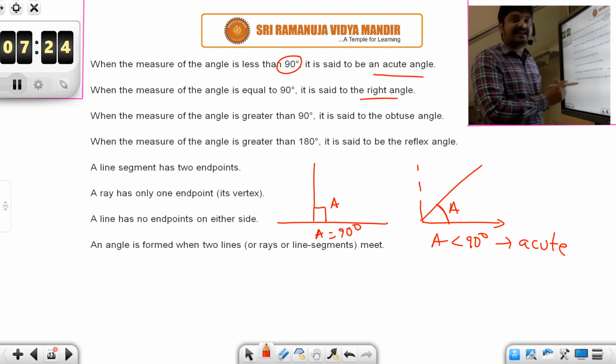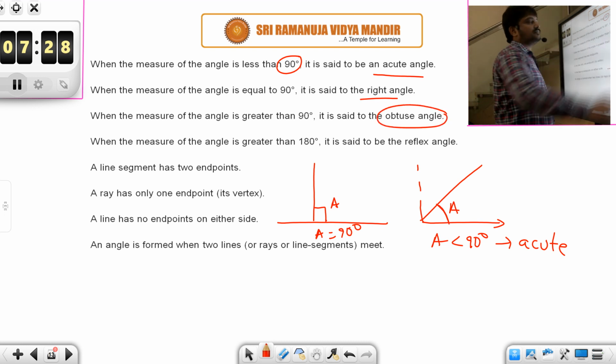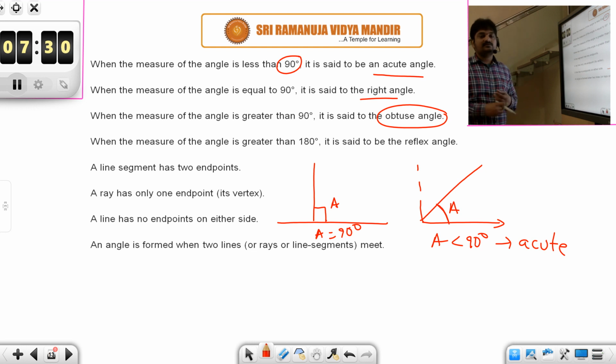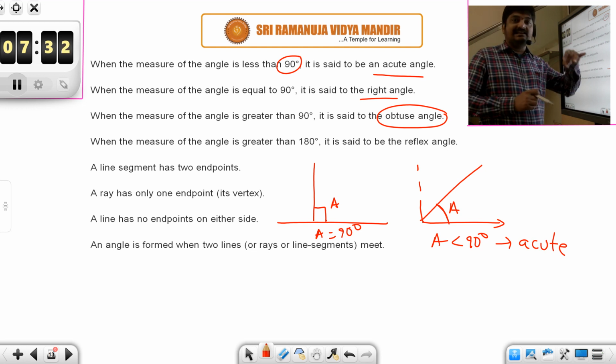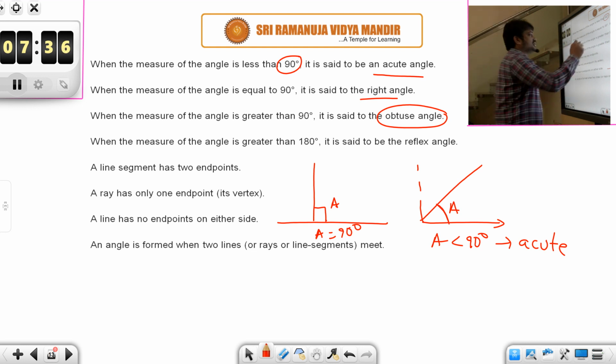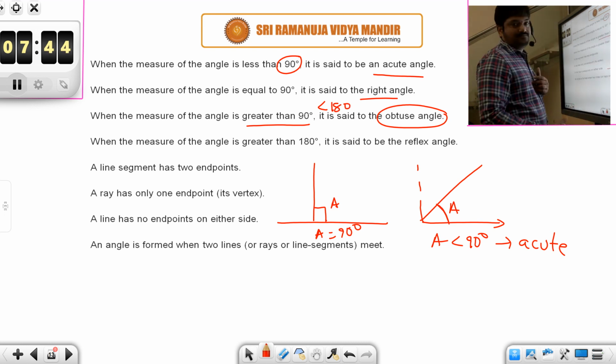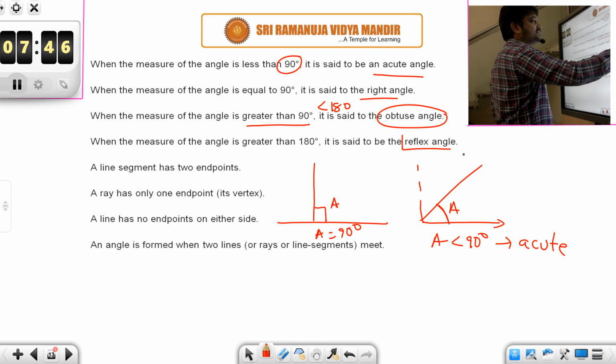And when the measure of an angle is greater than 90 degrees, we will call it an obtuse angle. Okay, acute angle, right angle, obtuse angle. And then see, when the measure of the angle is greater than 90 and less than 180, we will call it an obtuse angle. If the angle is greater than 180, we will call it a reflex angle.